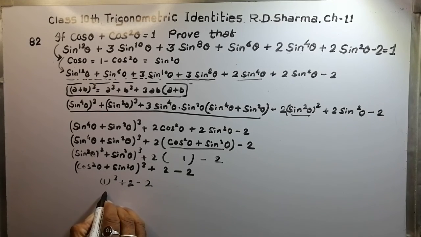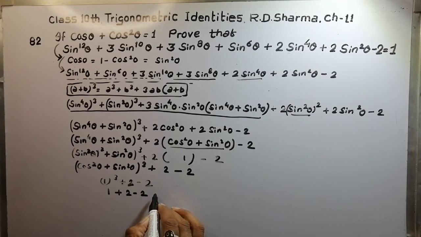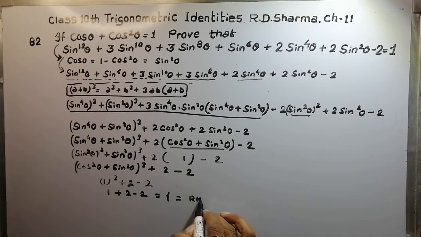We get 1 plus 2 minus 2, which will equal 1, and this is my right hand side term.